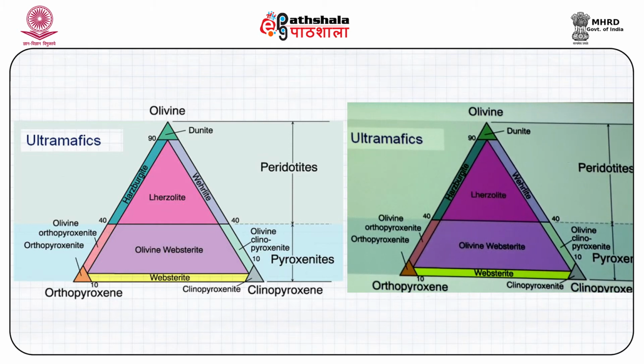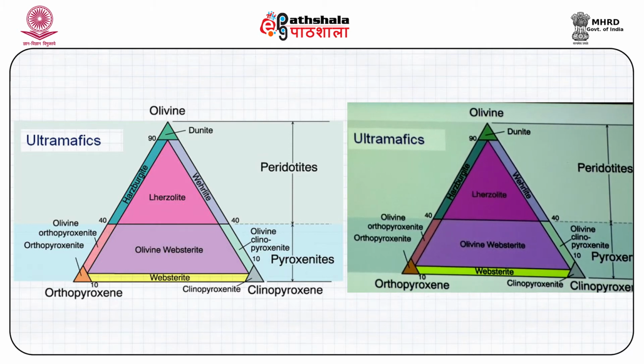In the last mafic rocks we had plagioclase; now it is all mafic minerals: olivine, orthopyroxene and clinopyroxene. The rocks which have more than 90% olivine are known as dunite. If more than 90% orthopyroxene, it is called orthopyroxenite. If more than 90% clinopyroxene, it is called clinopyroxenite.